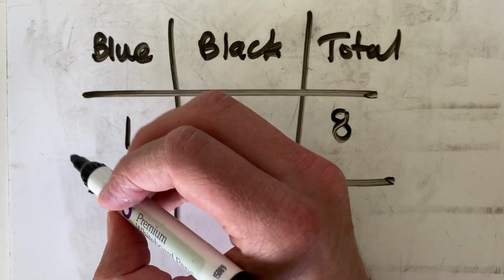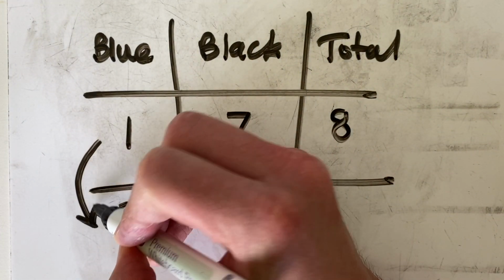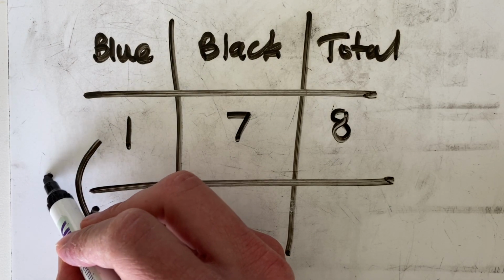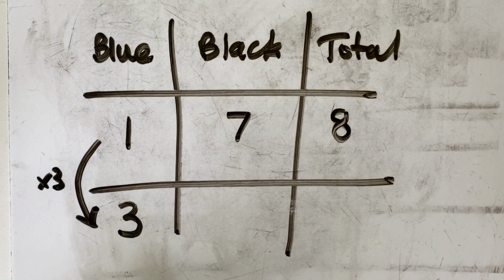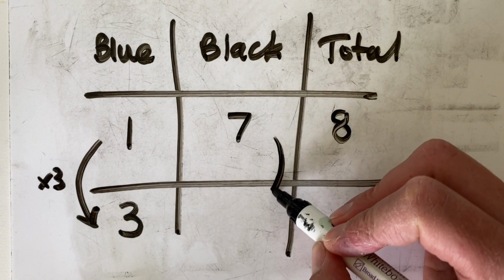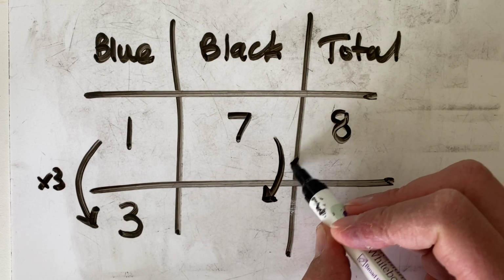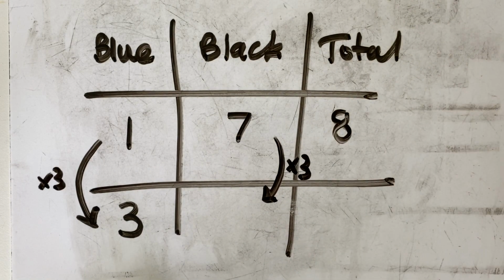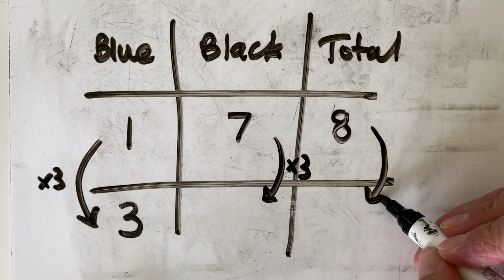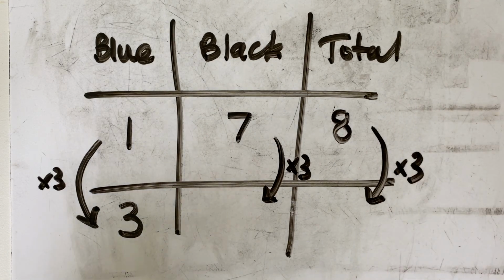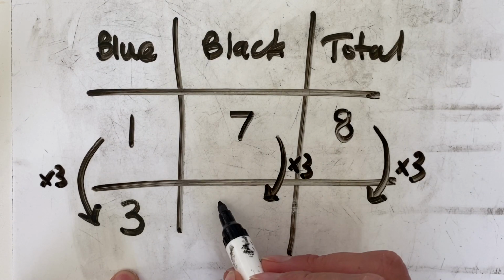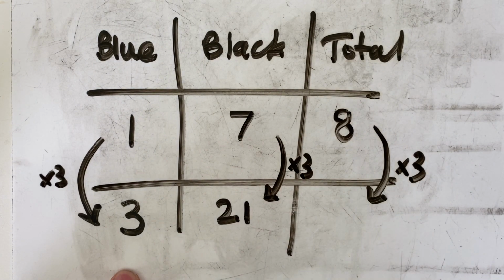You simply have to work out what you multiplied 1 by to get 3, which is pretty simple, it's 3. So we do the same to all of the other boxes. So, if there are 3 blue beads, the amount of black beads is 7 times 3, 21.